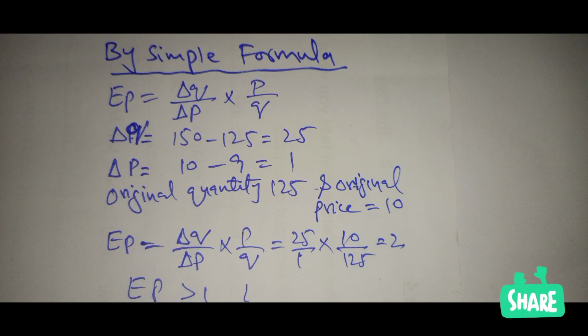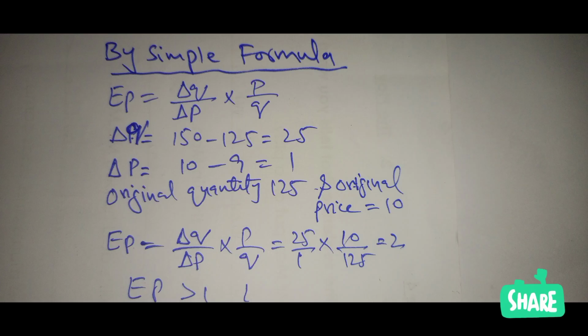Delta Q is 25, meaning 150 minus 125 is equal to 25, by delta P, 10 minus 9.